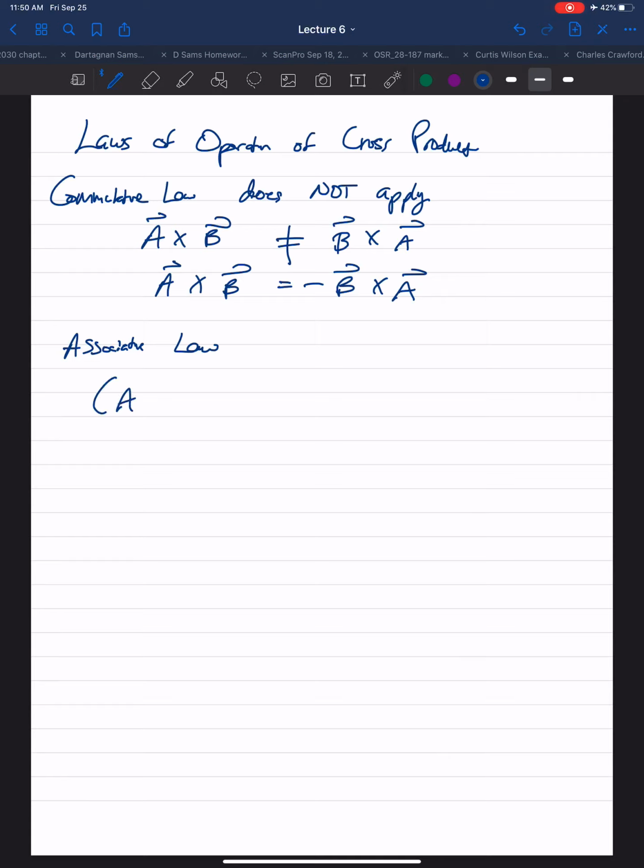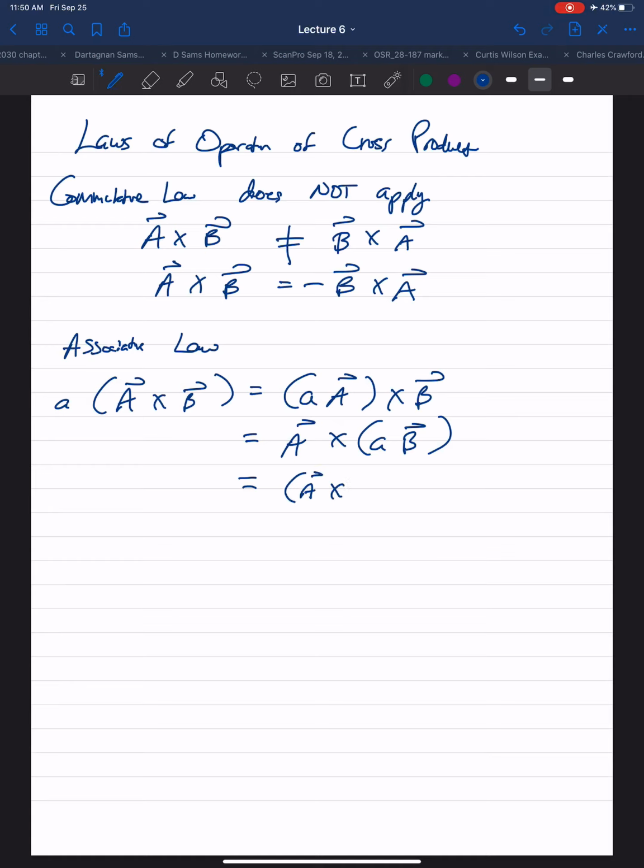So if you have vector A cross vector B, and you multiply by some scalar quantity, lowercase a, this is equal to scalar a times vector A cross vector B, which is also equal to vector A cross scalar a times vector B. And this is also equal to vector A cross vector B times scalar a.